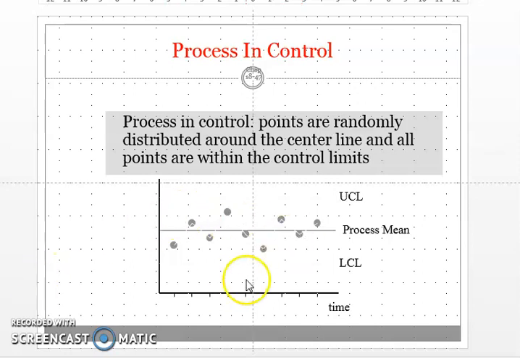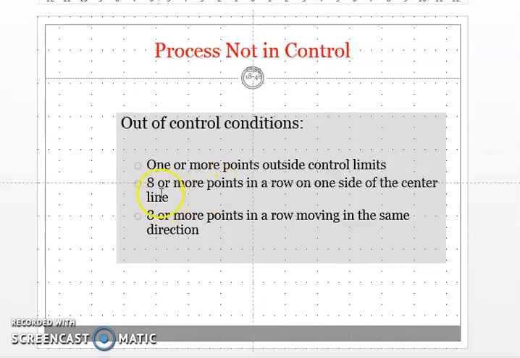Then in the next slide we will see the pattern of variation when there are unnatural causes. Just see the out of control conditions: one or more points outside the control limits, 8 or more points in a row on one side of the center line or mean line, and 8 or more points in a row moving in the same direction.